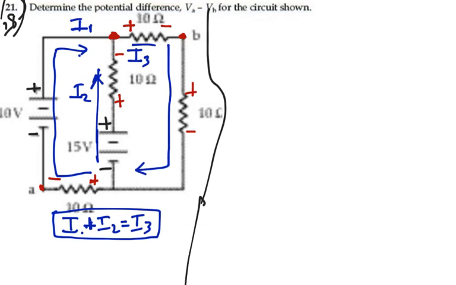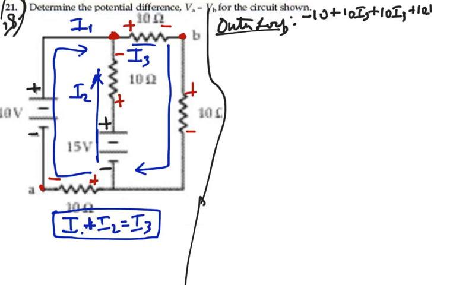Okay, let's walk our way around the outer loop. As we start from point A, we'd have a negative 10 plus 10I3 plus 10I3 plus 10I1 equals 0.